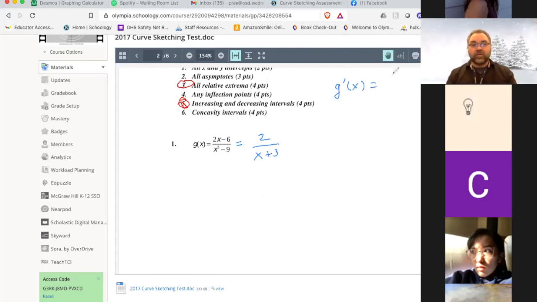So, when I do the derivative of the top times the bottom minus the top times the derivative of the bottom over the denominator squared, that's a lot easier, right? Because now it's just -2 over x plus 3 quantity squared.